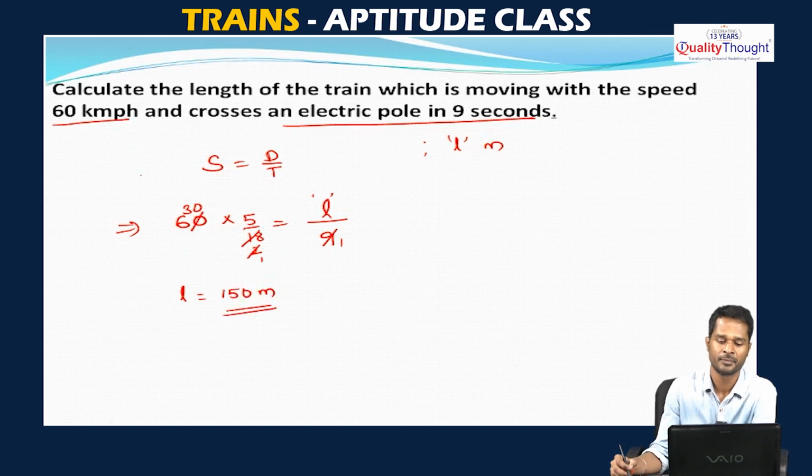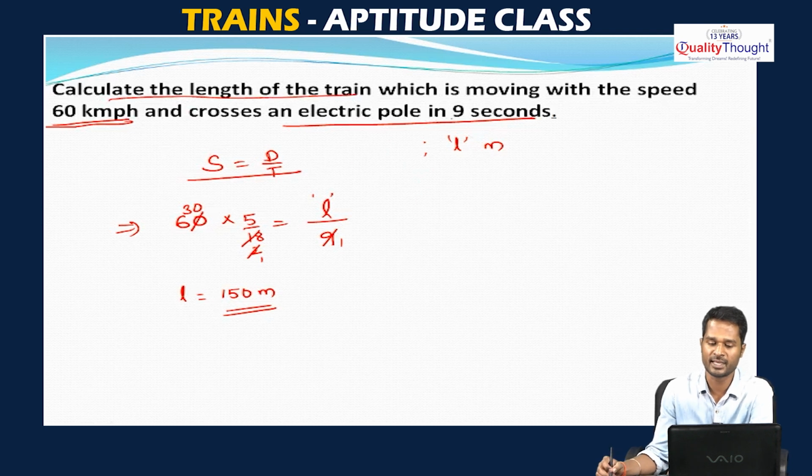See what we have done. S is equal to d by t, this is a standard formula we will use here. So, the speed is 60 kilometers per hour, that is what is given. The distance is nothing but the length of the train, that is what we need to find. Calculate the length of the train, L I am considering, by time, which is 9 seconds as given. So, a train going with the speed 60 kilometers per hour crosses an electric pole in 9 seconds.